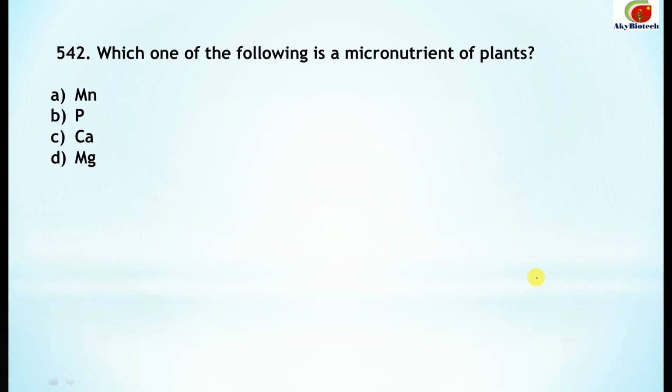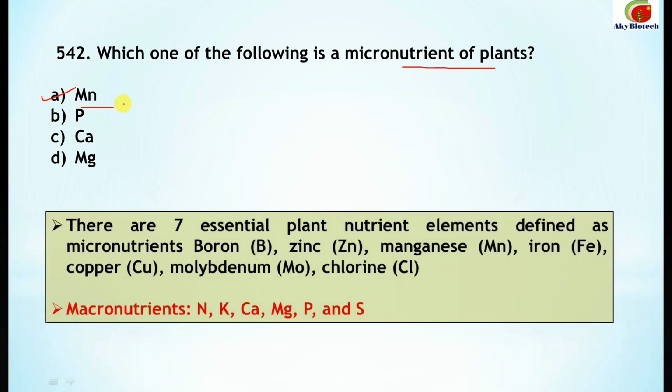Moving to the next question: which one of the following is a micronutrient of plants? The correct option is Mn, manganese. In plants, there are 7 essential plant nutrient elements defined as micronutrients.